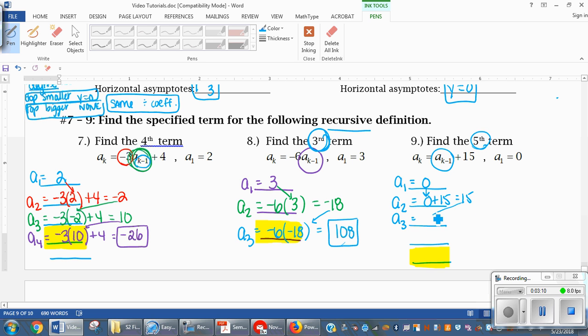Third term, previous term is 15, plus 15 is 30. Fourth term, 30 plus 15. And the last one, the one that they want, 45 is the previous term, plus 15 is 60.